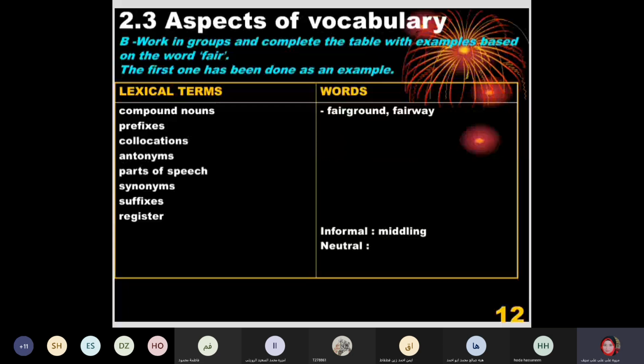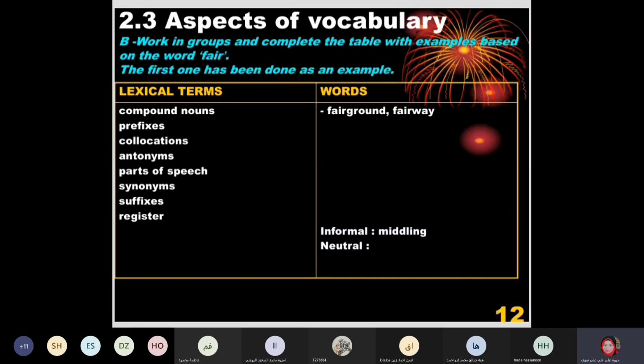You are supposed to complete the table with examples based on the word fair. You use the word fair to give me compound nouns that have the word fair. Actually, it is answered for you. It's fairground, fairway. Those are compound nouns based on the word fair.